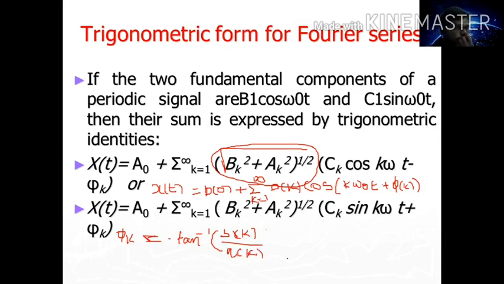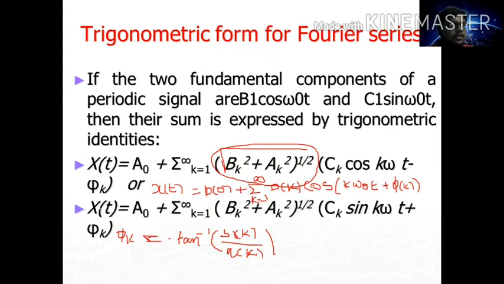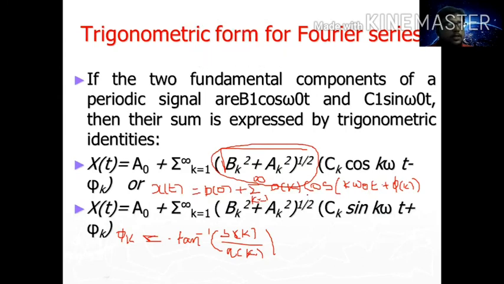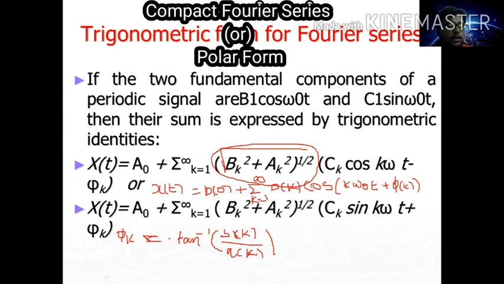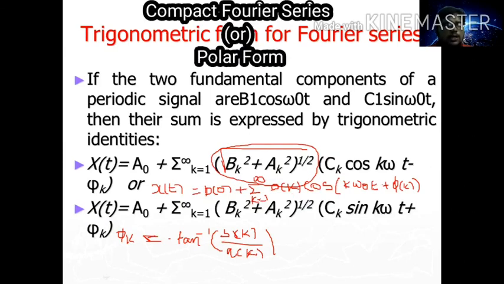This is the formula used to calculate the phi k value. So this entire representation is known as the compact trigonometric Fourier series. x of t is equal to D of 0 plus summation k equal to 1 to infinity D of k cos of k omega naught t plus phi k.